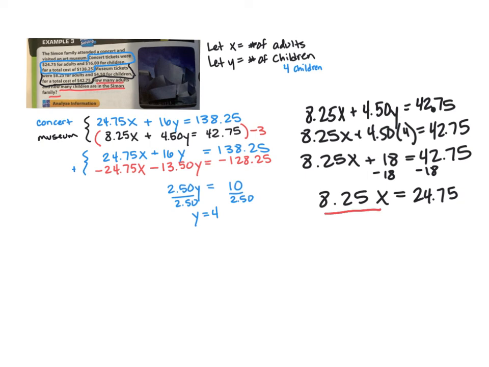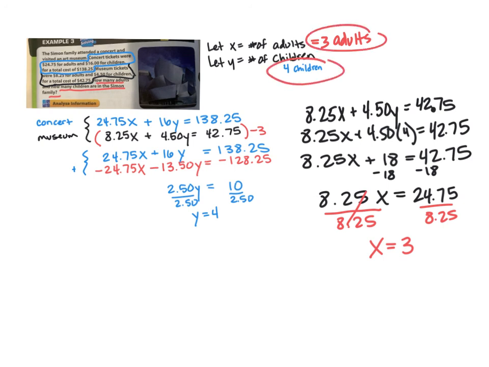Inverse of multiply by 825 is to divide by 825. X equals 24.75 divided by 825. And that is 3. Good thing it's a whole number because we're talking about people again. There are 3 adults. X was representing my adults.